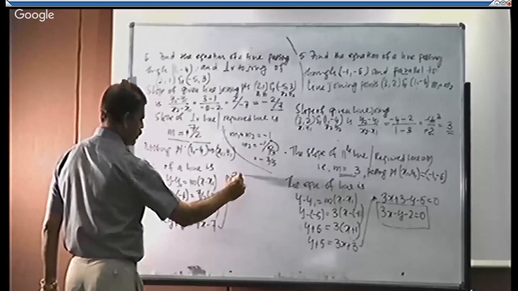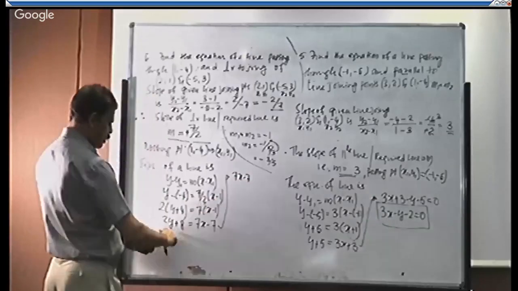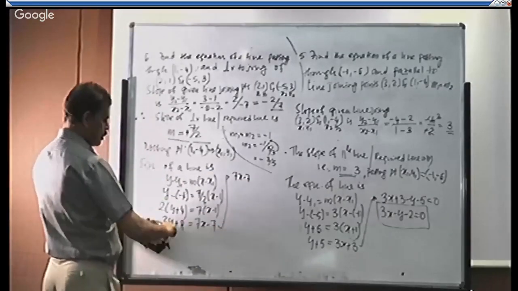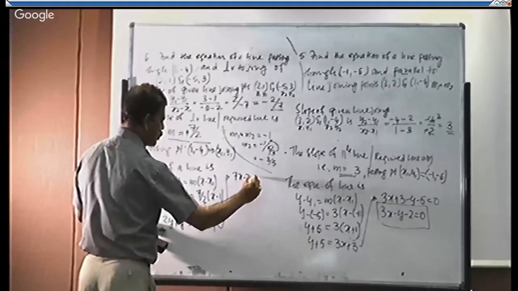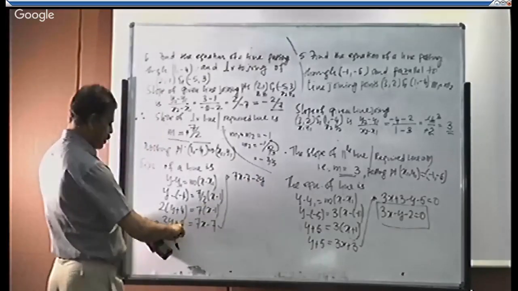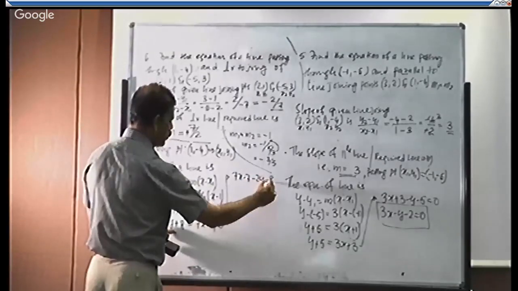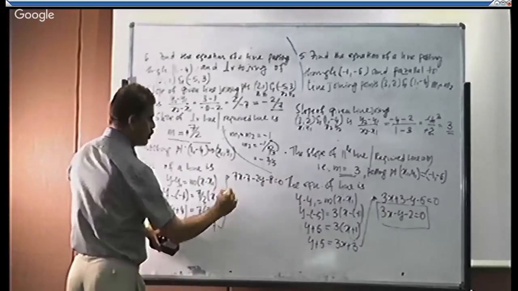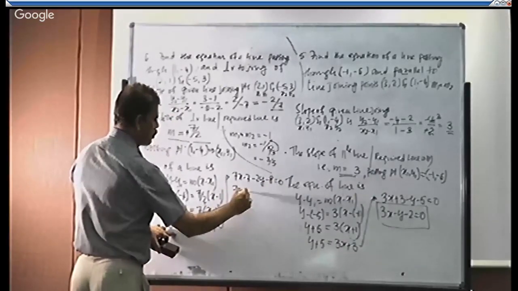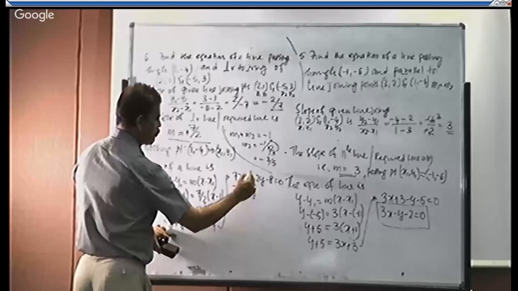Otherwise, 7x minus 7. Transfer these to the other side. So 2y becomes minus 2y, and plus 8 becomes minus 8, is equal to 0. Or 7x minus 2y minus 7 minus 8.